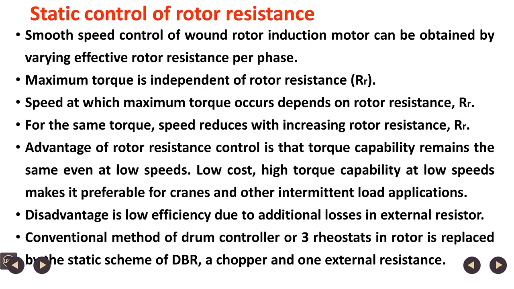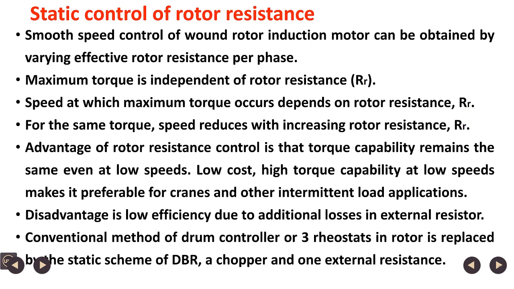The disadvantage of the rotor resistance control method is low efficiency, because additional I square R losses occur in the external resistor. So, efficiency is the poorest in this method. In the conventional method of rotor resistance control, a drum controller is used to vary the three resistances in the three phases simultaneously, or three rheostats in the rotor circuit connected in star with a single movable jockey are used.